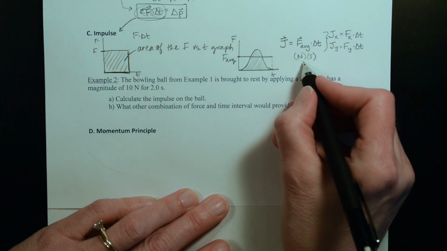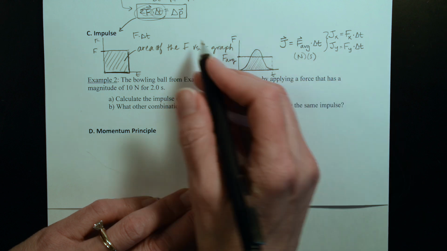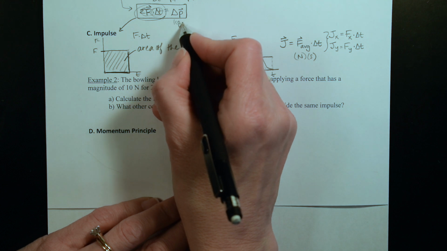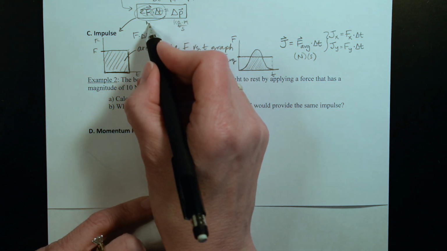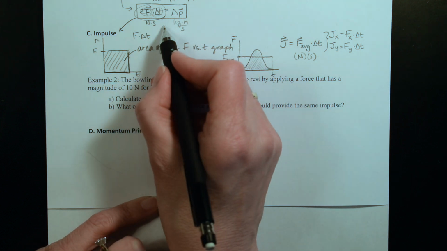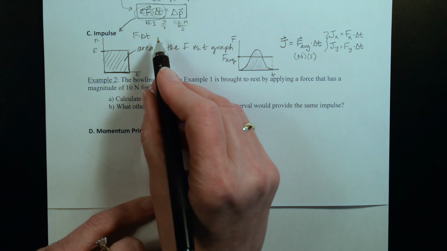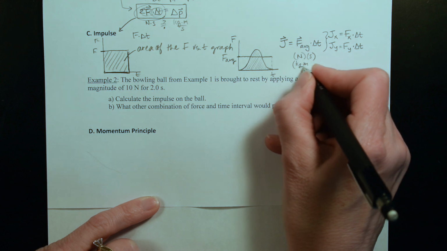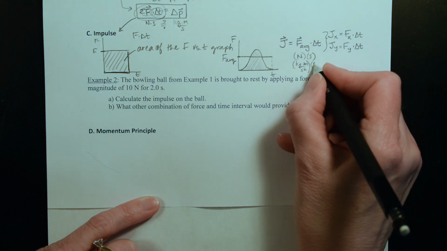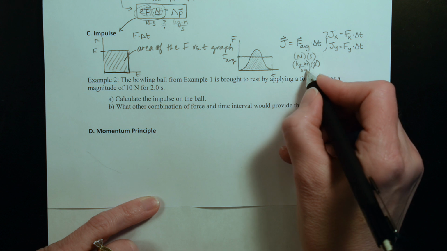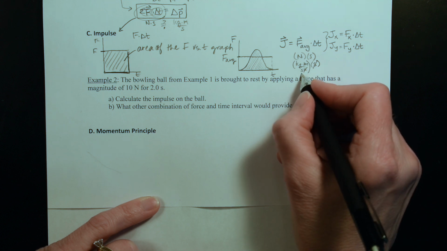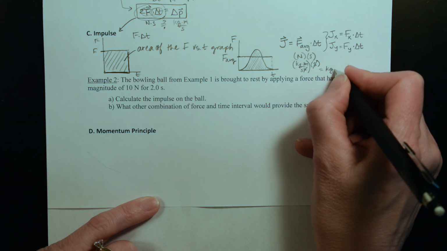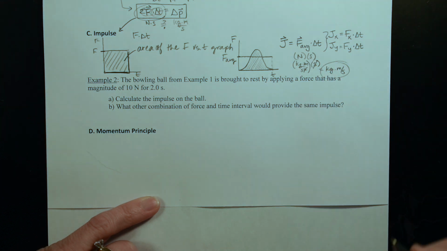And we might wonder, how does newton second relate to our units for momentum? We had kilogram meters per second for momentum, and we're going to have newtons times seconds on this side. Are these equal? Let's check it out. A newton is a kilogram meter per second squared, times the seconds, and so one of the seconds is going to cancel out in the denominator, and we'll have a kilogram meter per second left over. So it does have the same units as momentum.